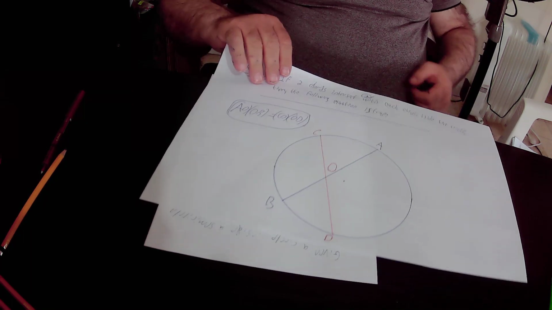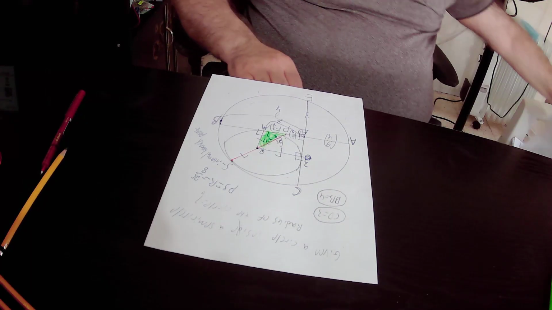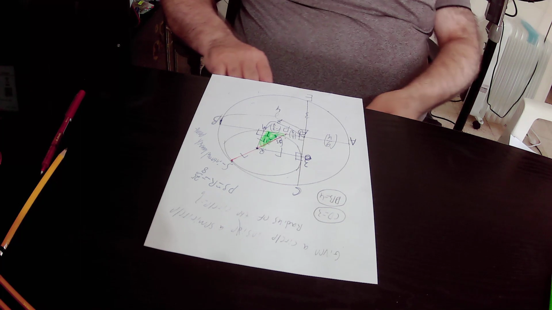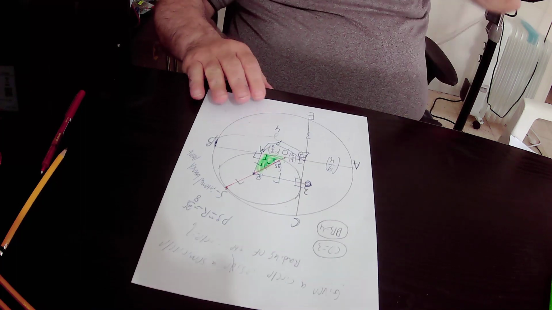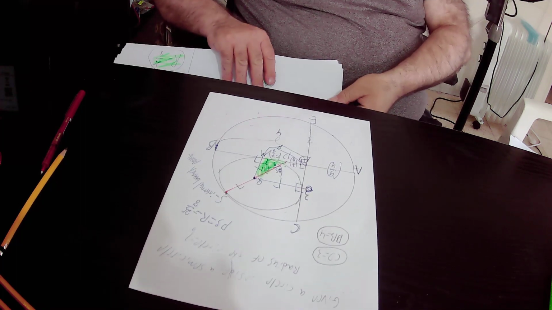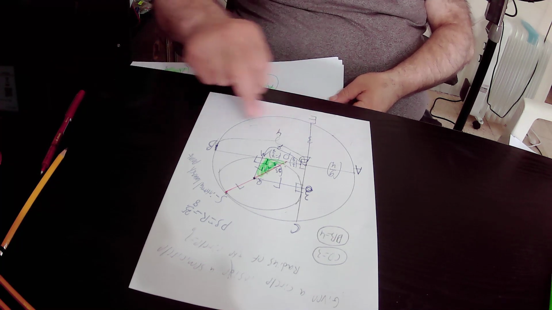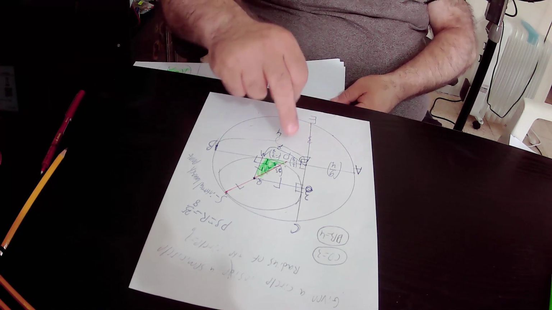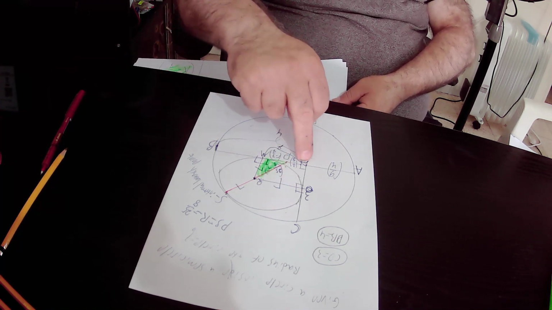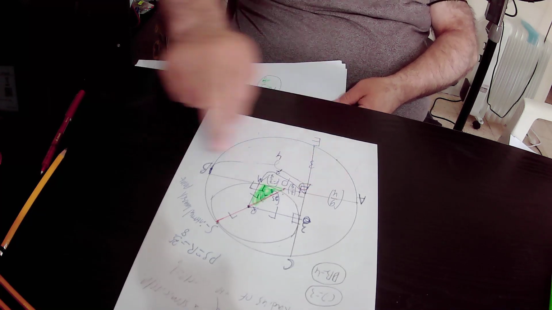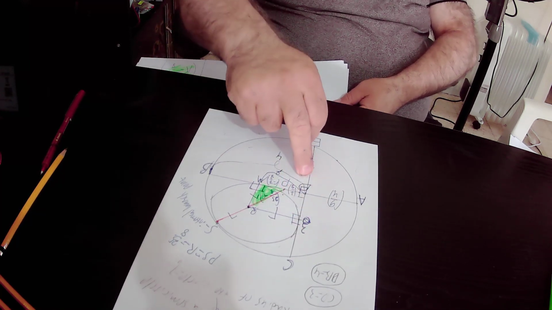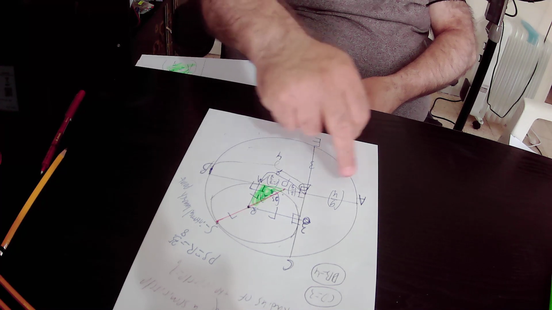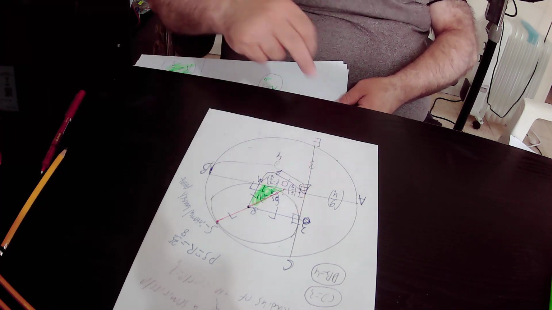Actually, we can implement rule number 1 in our drawing, because in our drawing we have chord AB. This chord AB intersects with chord CE at point D. Point D is the intersection point of chord AB with chord CE.